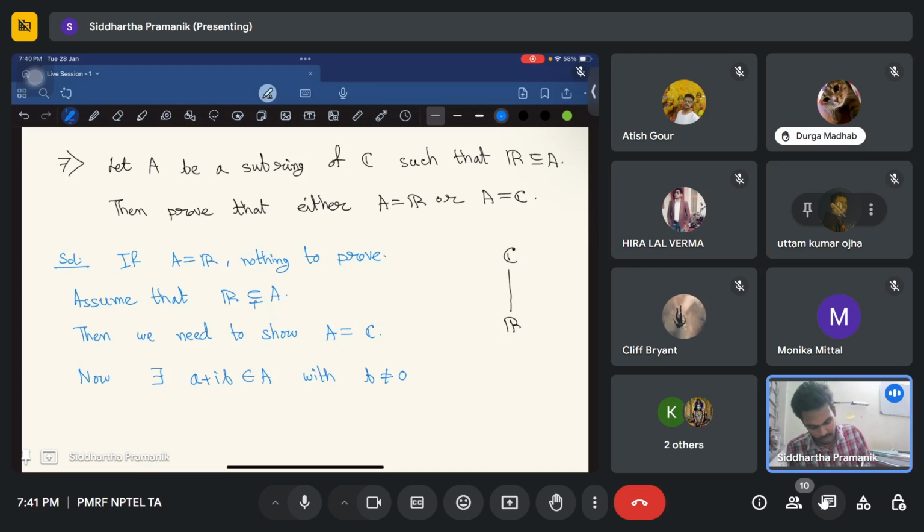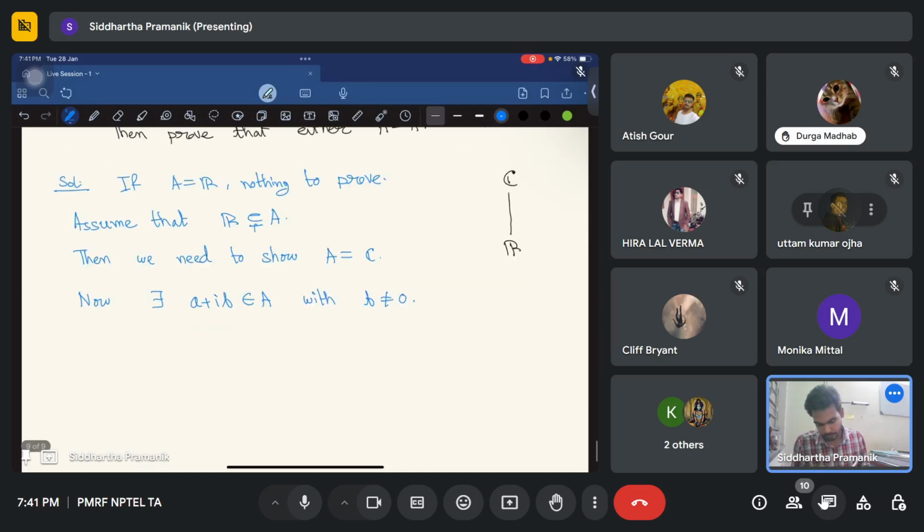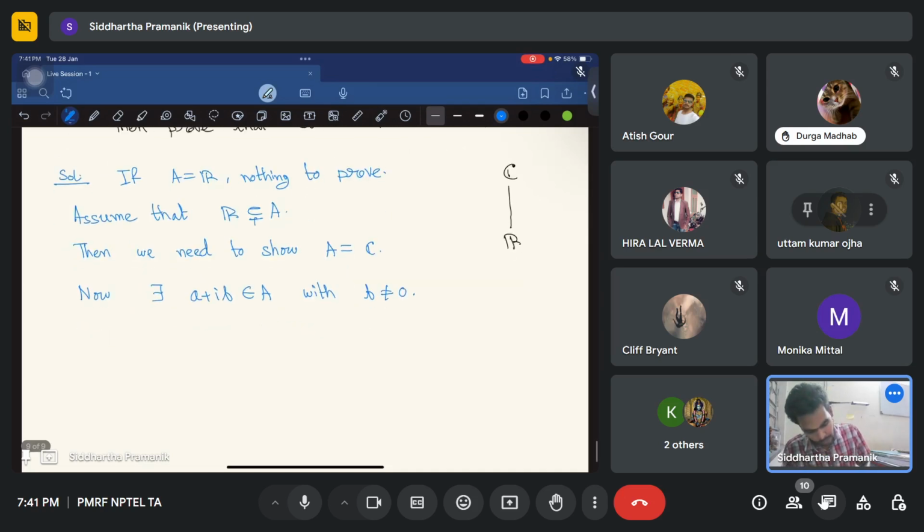That's why b is non-zero. And a and b are real numbers, because that's how complex numbers look.